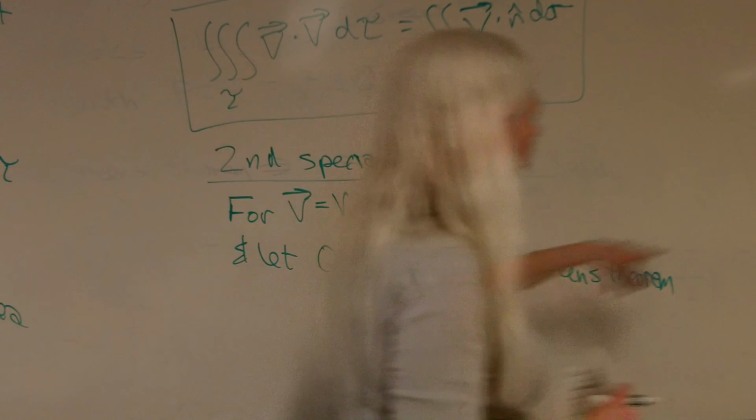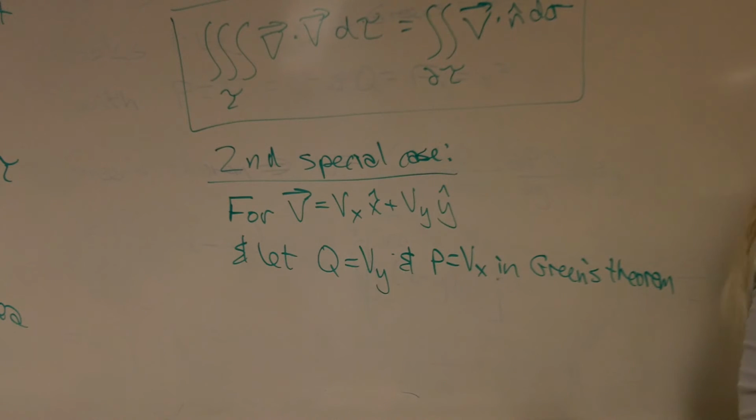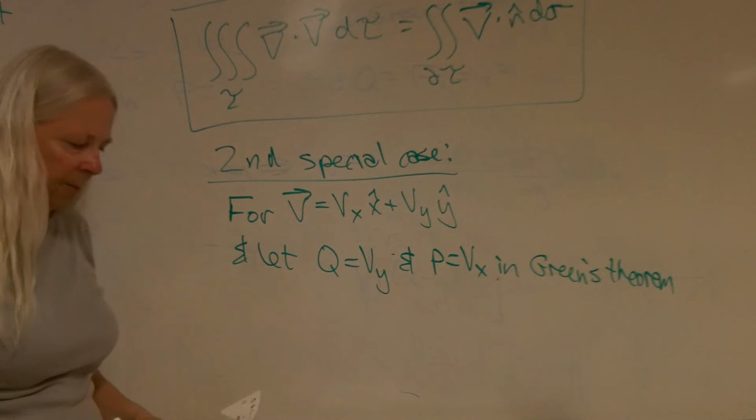Well, that's what we already said right here that we could do in any work type problem, like the example we did of Green's theorem right at the beginning. Notice that's the opposite assignment for P and Q for what we did in this case. Over here, we let Q be V sub x and P be V sub y, or minus V sub y. Now, it's vice versa, okay? And no minus sign, okay?